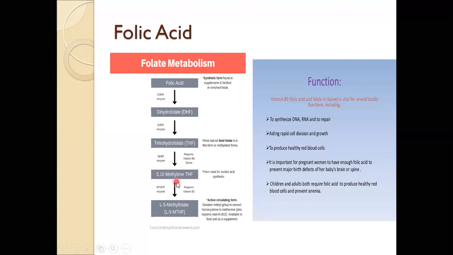It's capable of transferring methylene, methyl, so it's a very important vitamin for the transfer of one carbon moiety compounds, transfer of methyl group, transfer of methylene group, transfer of formyl group. This is one of the important functions of folate or folic acid.